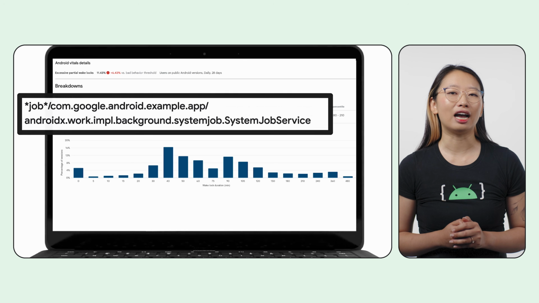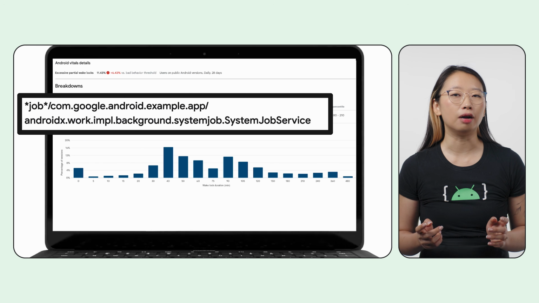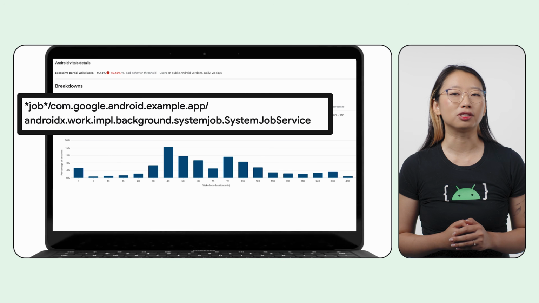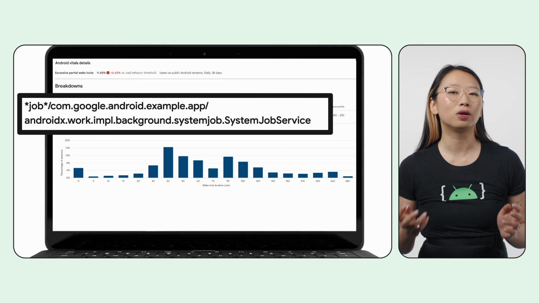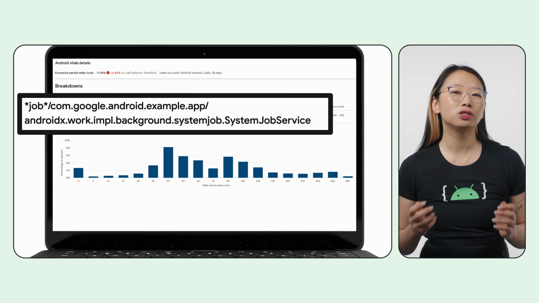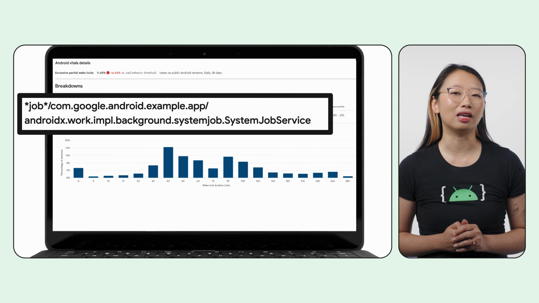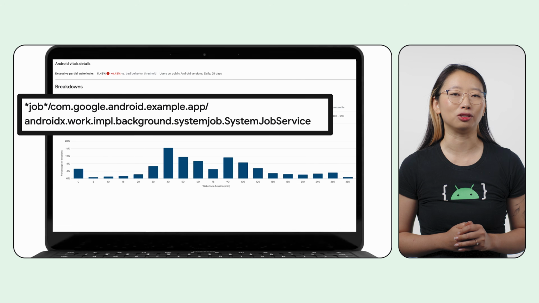In this scenario, I have a wakelock name called Job, package name, System Job Service in the Android X Work package. Previously in our quiz, we talked about how WorkManager uses Job Scheduler, which acquires a wakelock attributed to the app. This indicates to us that the workers created using WorkManager are likely the culprit of the issue.